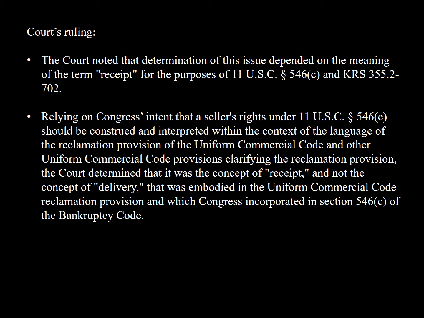Okay, so the question is, what does receipt mean? The court did some legislative research to interpret the statute, and found that Congress's intent is that the seller's rights under 546(c) should be interpreted and construed in the context of the language of the rights given under the UCC for reclamation. 546 is meant to extend state law, so we look at state law and see what the applicable state law meant.